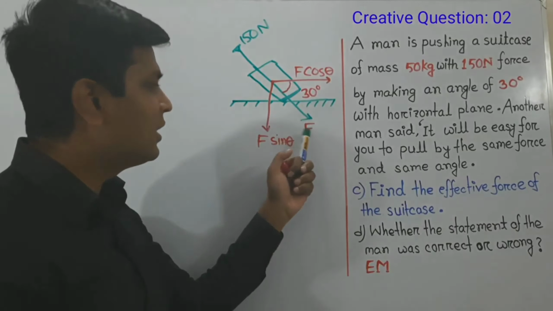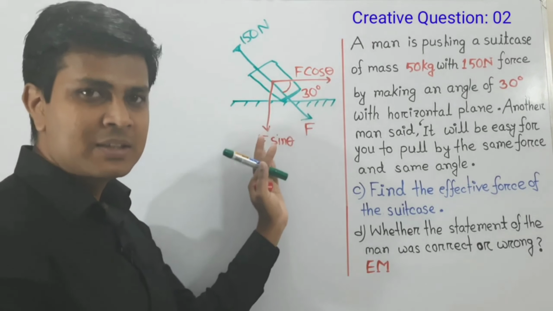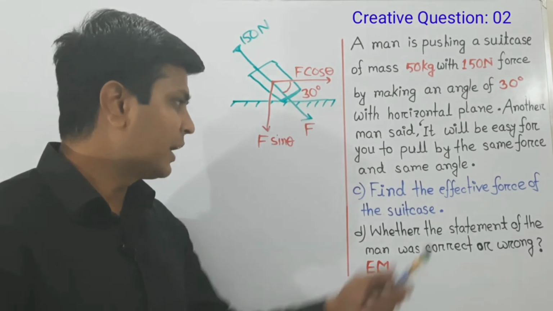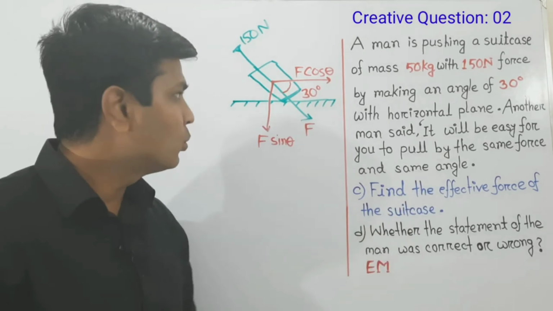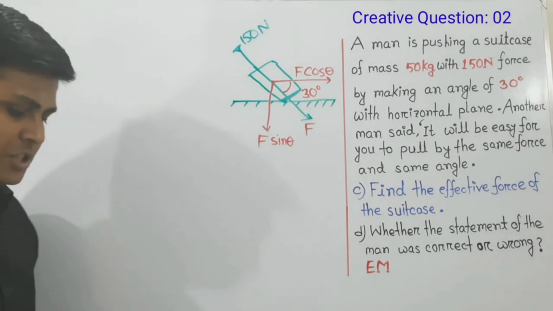Horizontal component of the applying force is responsible to move the suitcase in forward direction, that is the effective force. So the effective force of the suitcase will be F cos theta. Let's see the given quantity here.